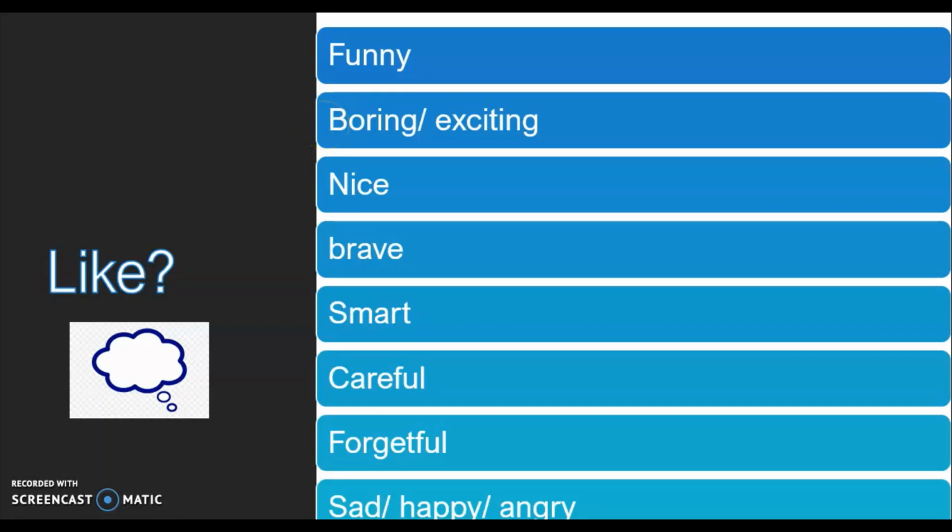You might think that noun is nice. You might think that noun or person is brave, smart, careful. Maybe they're forgetful. And again, you can also use those feeling words. So sad, happy, maybe they're angry.